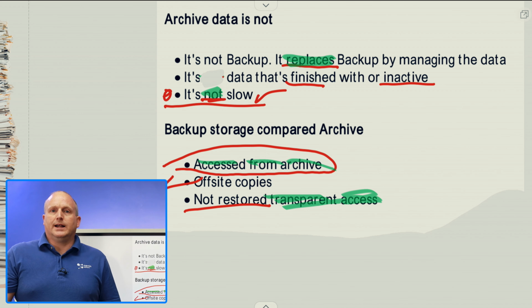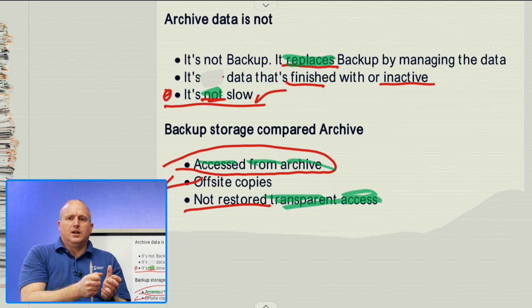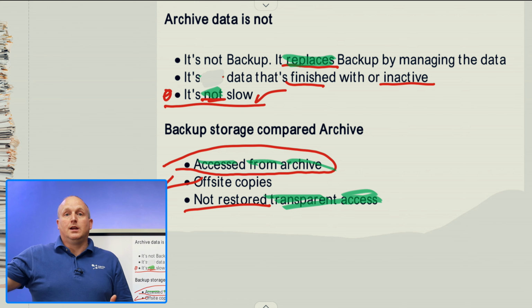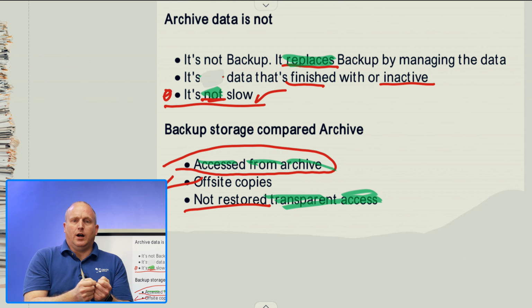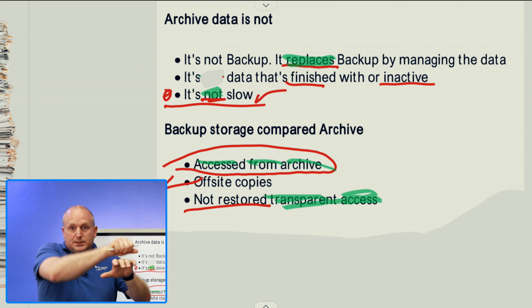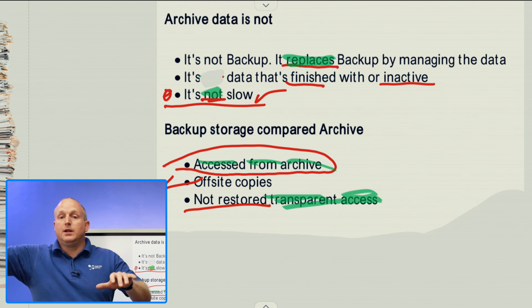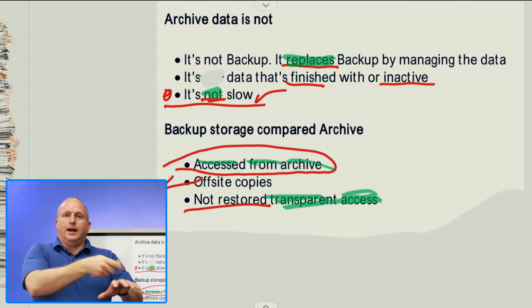So what do we mean by that? Files that are in an archive might be sat on a tape, optical or a cloud storage system. When a user requests that archive file, the request is passed through to that storage device to go and get the file from that medium and pass it back to the user. And that could be transparent.